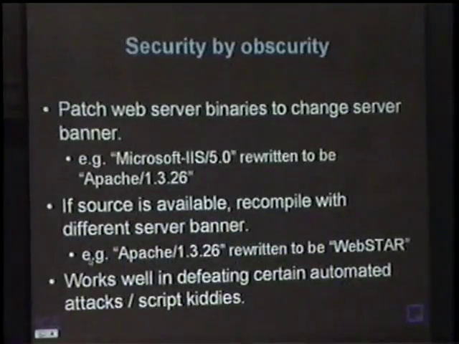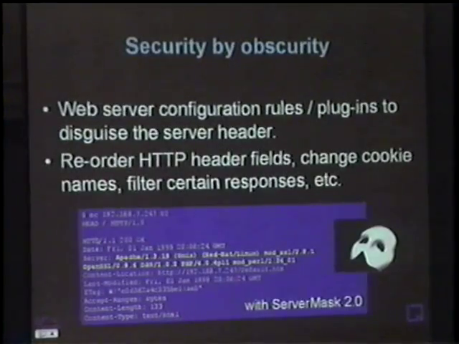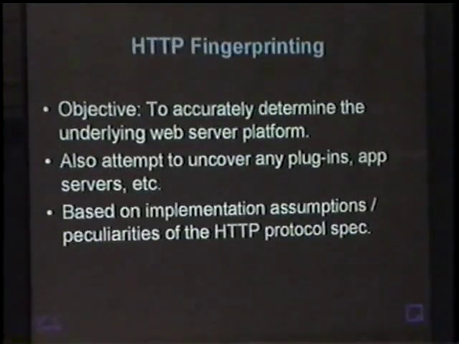IIS has it different. IIS has server and date. These guys have date and server. So it tries to mimic the other server as far as possible, and provides you better security by obscurity than just changing the banners. So this is as far as things have come.